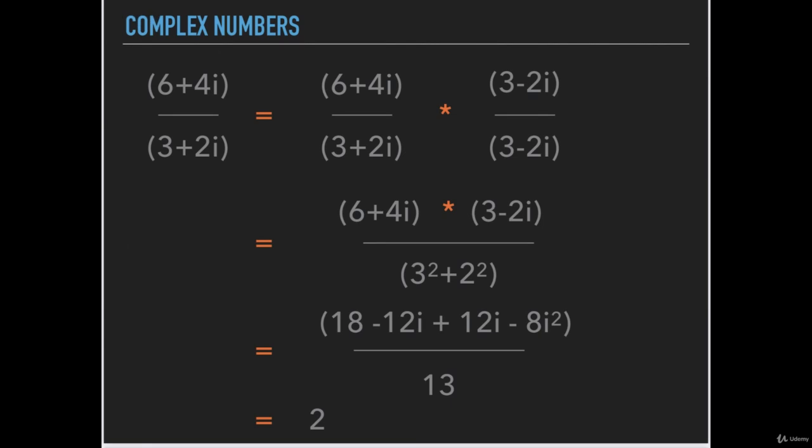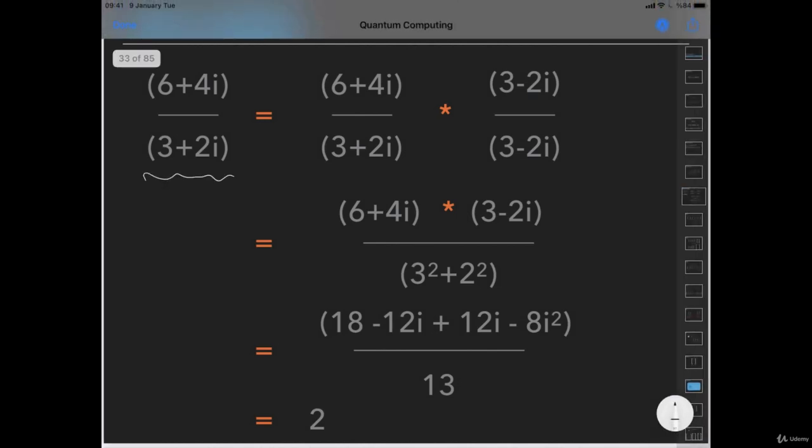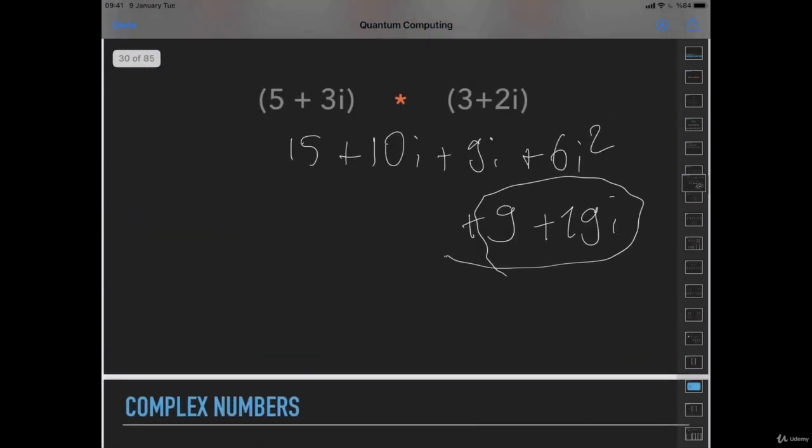Now, it's easy when you try to divide a complex number by a real number, but it can get complex when you try to divide a complex number by a complex number. So here I have a very easy division, because you can easily see that the upper part is 2 times the lower part. But if it wasn't, then we would have to multiply the whole thing by the complex conjugate of the dividing part.